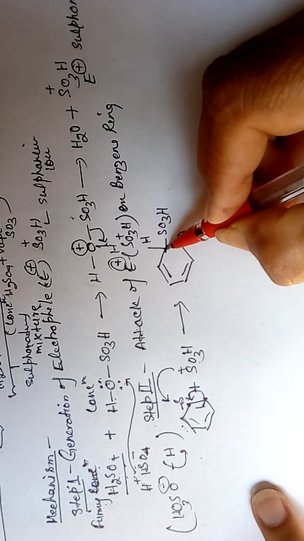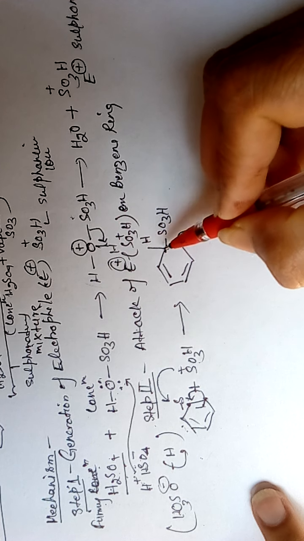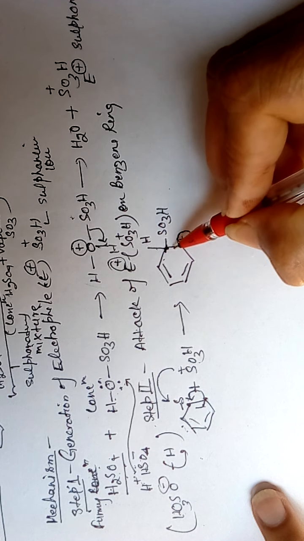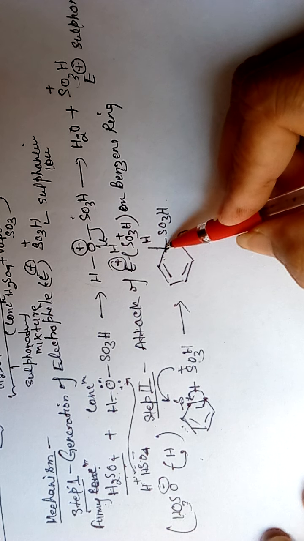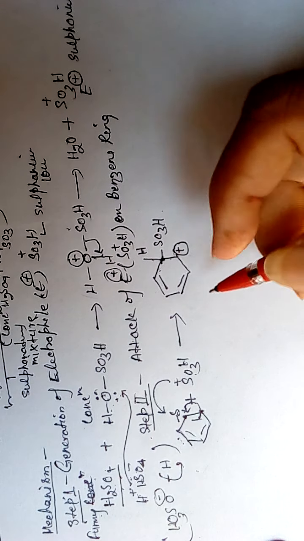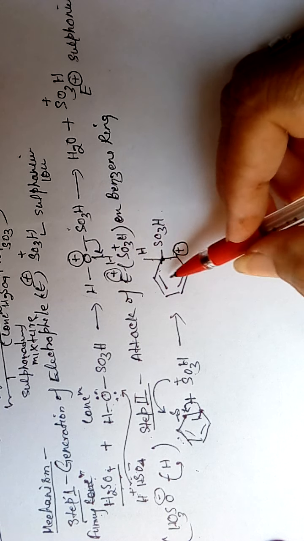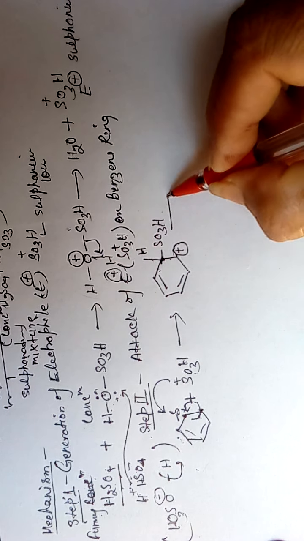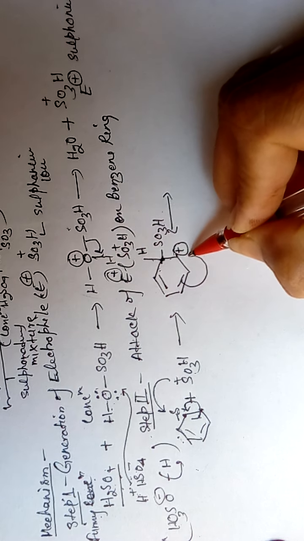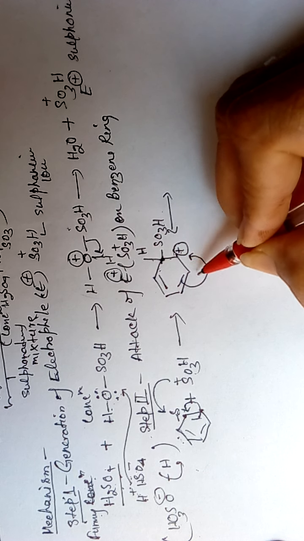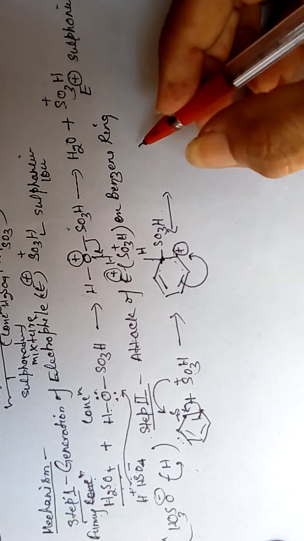Due to this, this carbon becomes sp3 hybridized, because it has 4 single bonds. Now, to regain the aromatic character, this sulfonated benzene shows the following resonating structures. Now see, this double bond comes here to neutralize this positive charge, and a double bond is formed here.